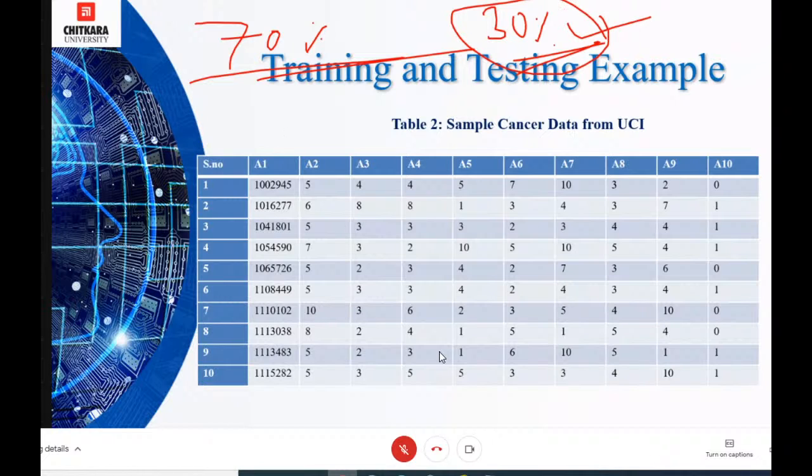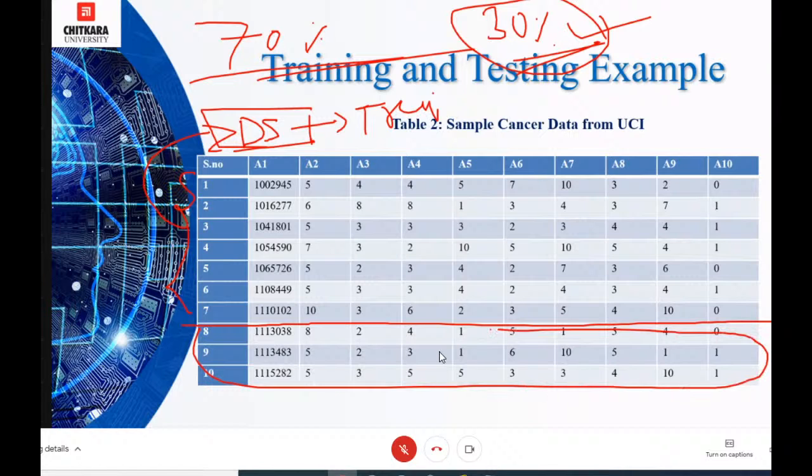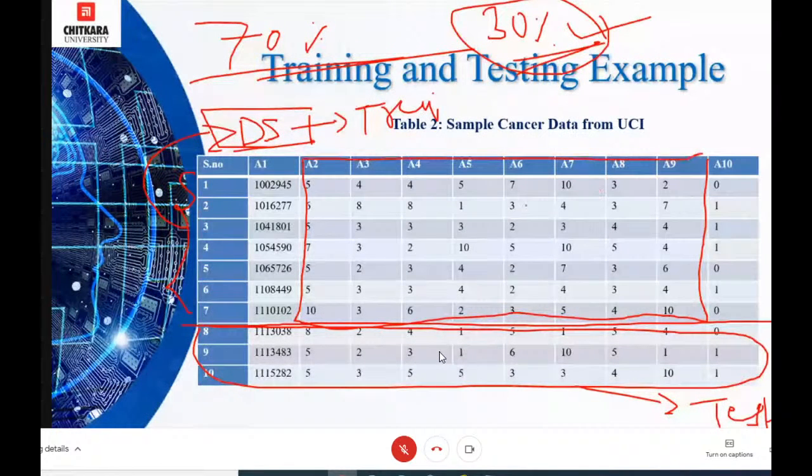Okay. So we divided it. This particular segment we use for the purpose of training, and this particular segment we use for testing purpose. Now this particular segment belongs to A2 to A9.